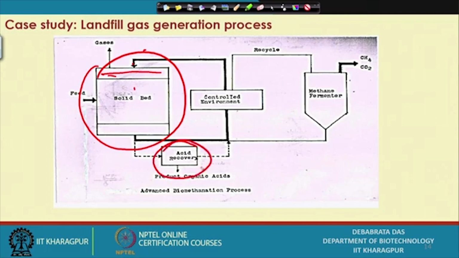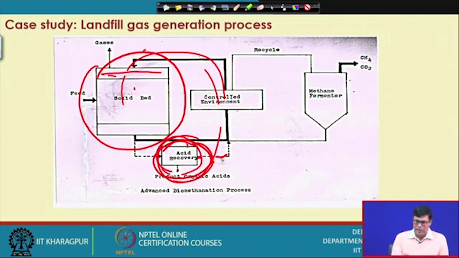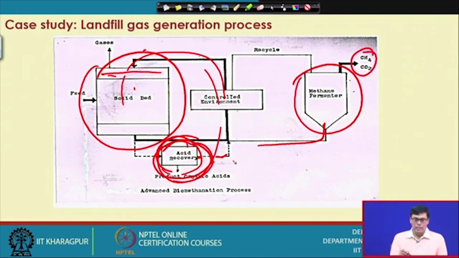This is the acid recovery unit. You can recycle back again and again until the solid material is stabilized, and then this liquid, the volatile fatty acid, you pass through the methanogenic reactor to produce methane and carbon dioxide. If you do this, you can reduce the time of the fermentation process drastically.